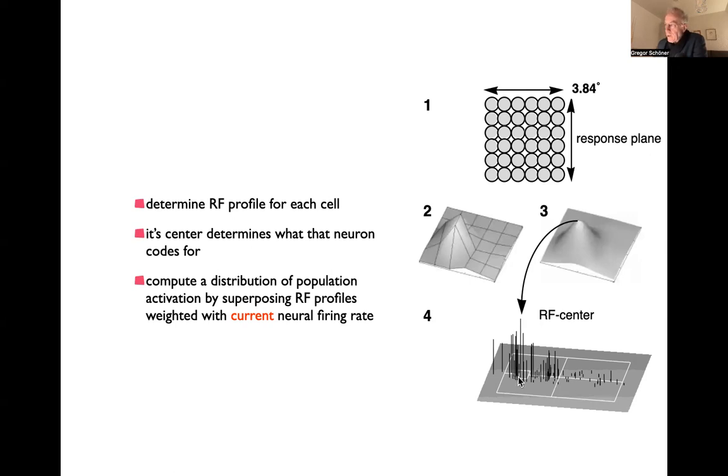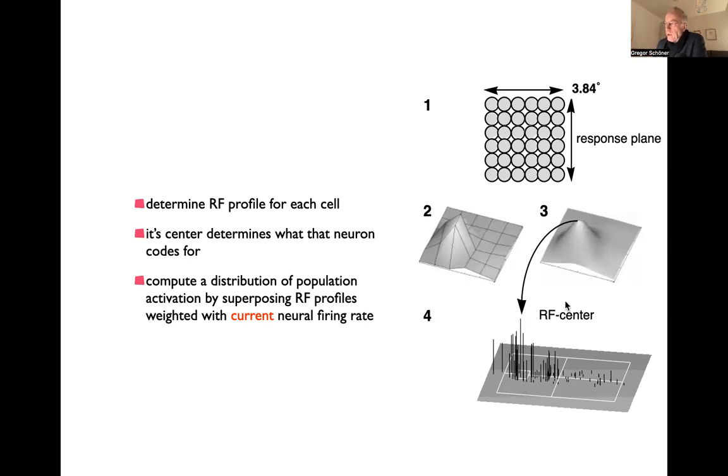And so the idea is that we're thinking of every neuron as voting for its receptive field. So the center of this is these spikes here, so that every neuron is put into the stimulus space at the location which its receptive field center specifies.